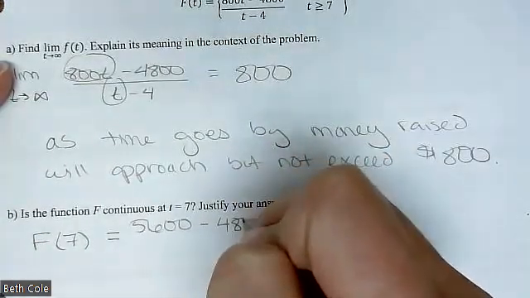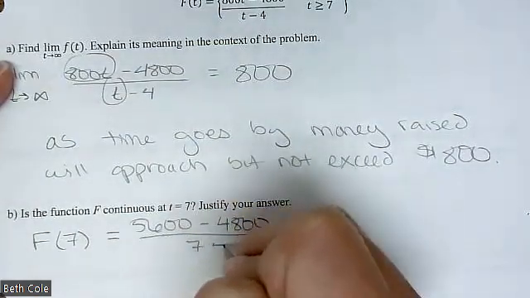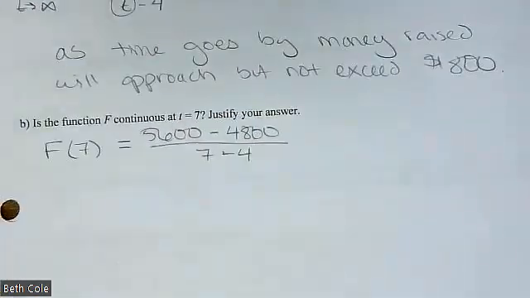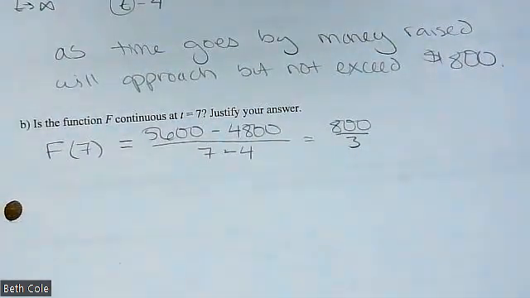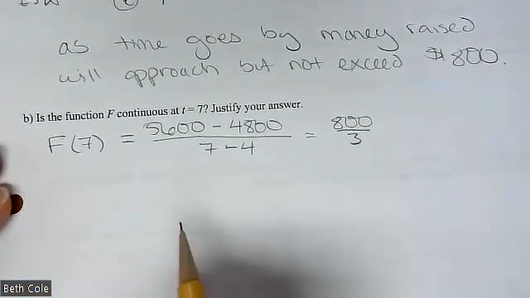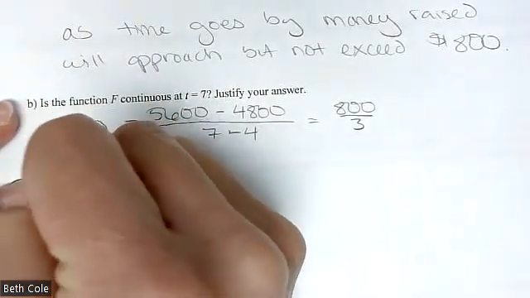Minus 4,800 over 7 minus 4. So let's see. What is that? 800 over 3. Cool, leave it. You don't have to simplify anything. That's it. Well, we found a point. Now we need to do our limits.